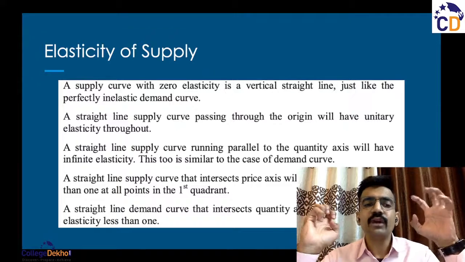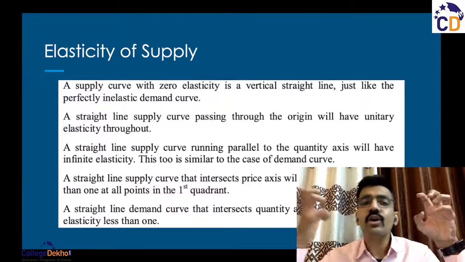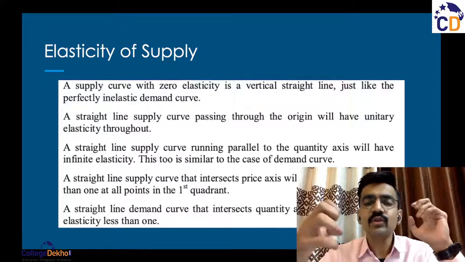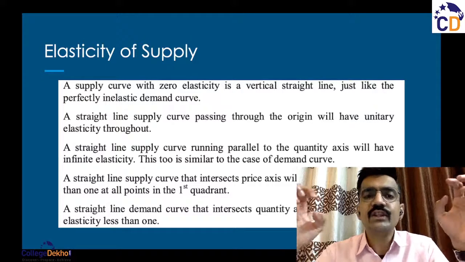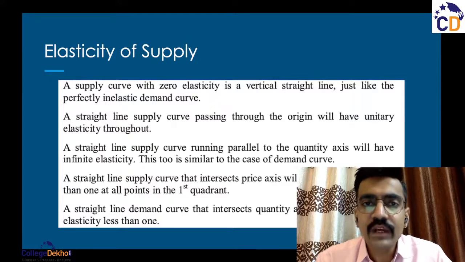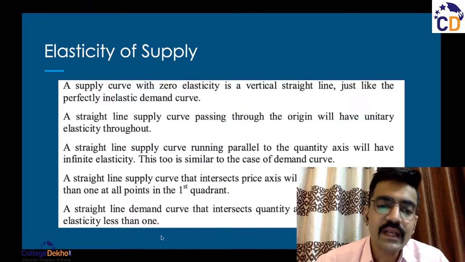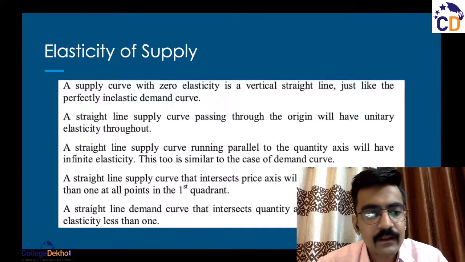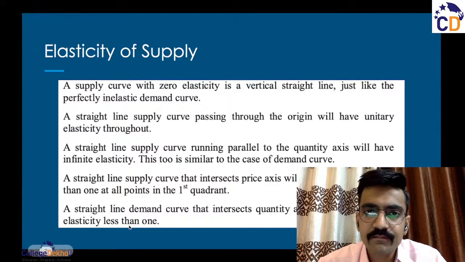All right, 1 unit of change in price would either bring more than 1 unit of change or less than 1 unit of change. And according to whatever relation exists between the price of the commodity and the quantity supplied of the commodity, the elasticity of supply would either be greater than 1 or less than 1.